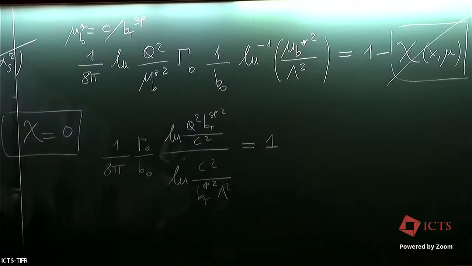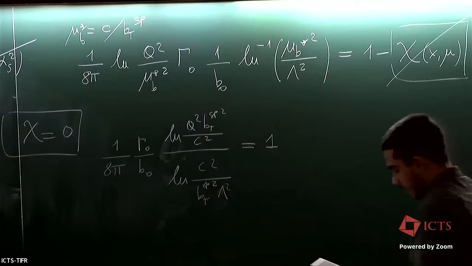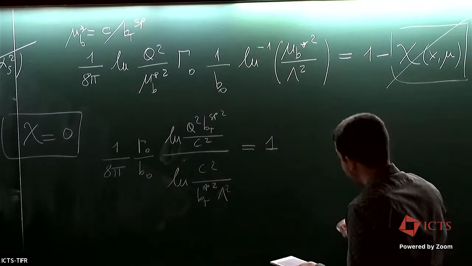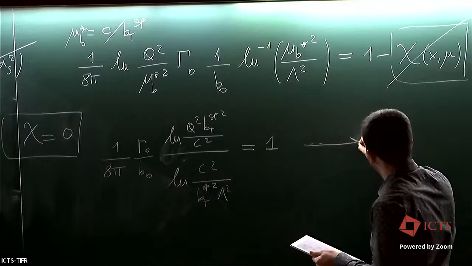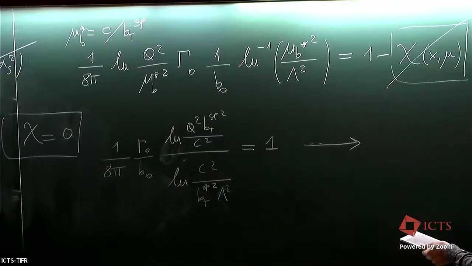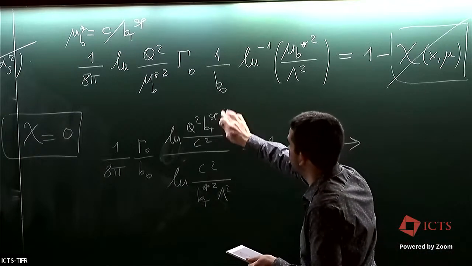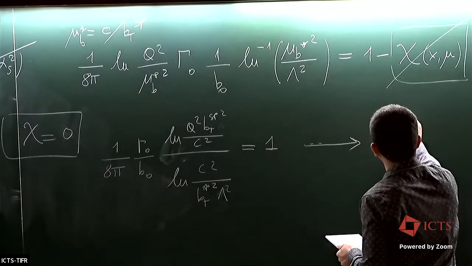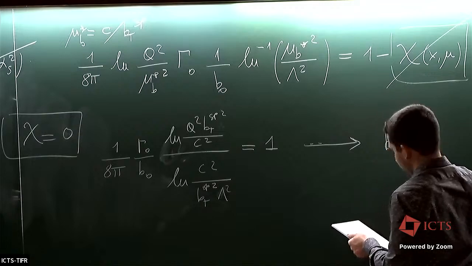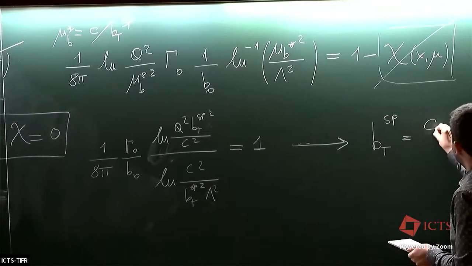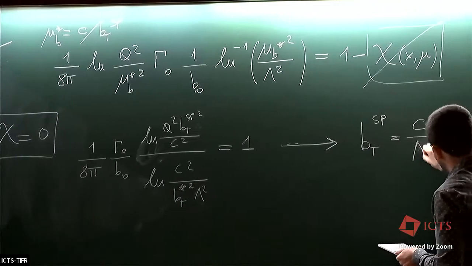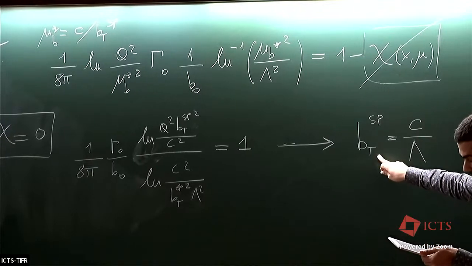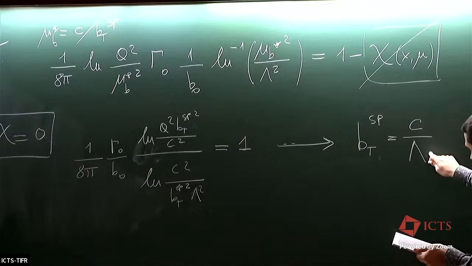Now, let me save some chalk and algebra, and let's go to the final steps. What you can get from here, if you isolate BT saddle point as a function of everything else, is the following. The saddle point of your TMD PDF is equal to the ratio between this constant and lambda.